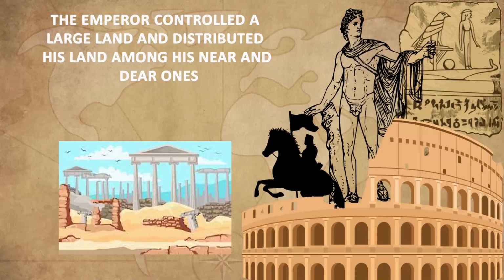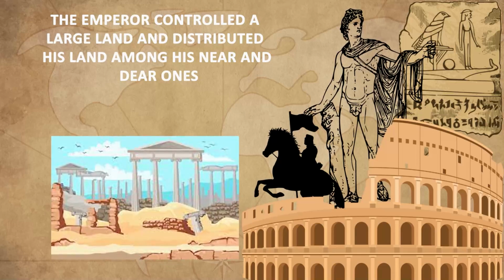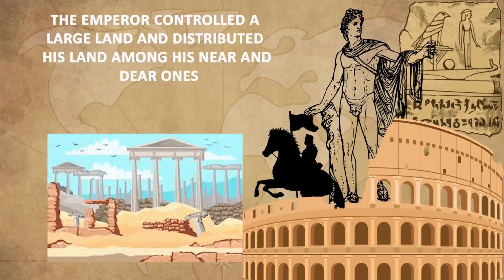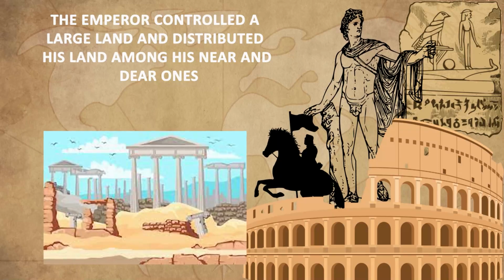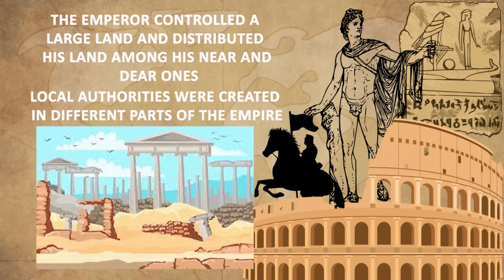The feudal system is like this: the emperor controls a large part and he distributes his land among his near and dear ones. That means local authorities are created in different parts of the empire. So there is a relationship between the emperor and the local authority.